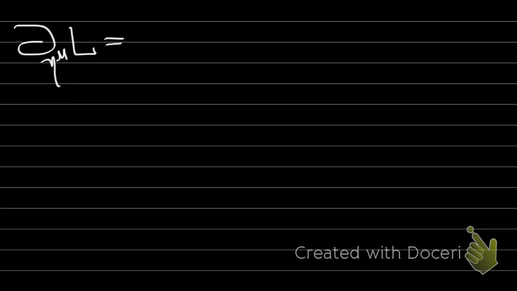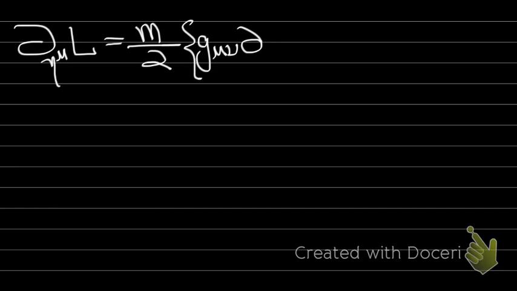So let's do that. That would be m over 2 times g mu nu times the partial derivative. We're going to apply the product rule. So this is the partial derivative with respect to eta mu of eta mu times eta nu, and plus, like you would have in this product rule, g mu nu.